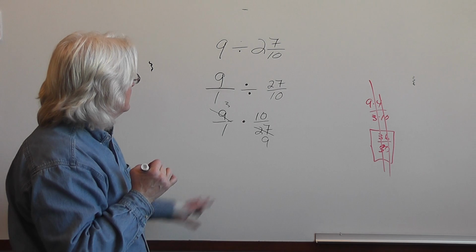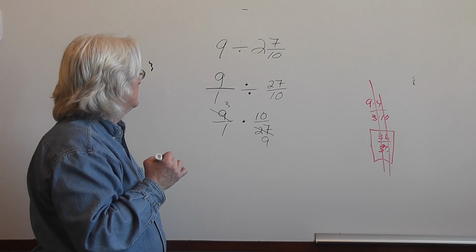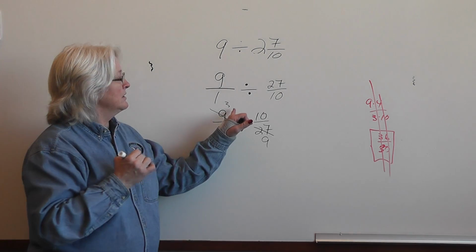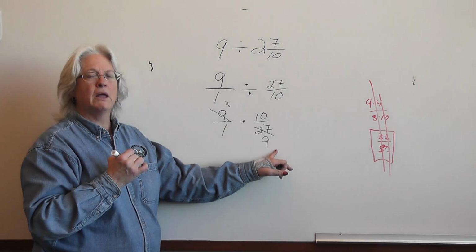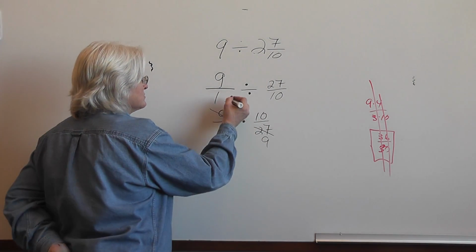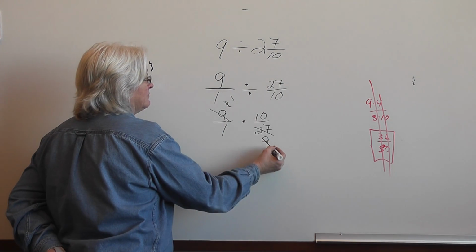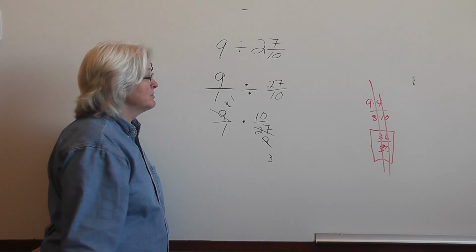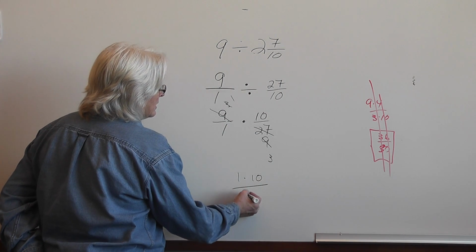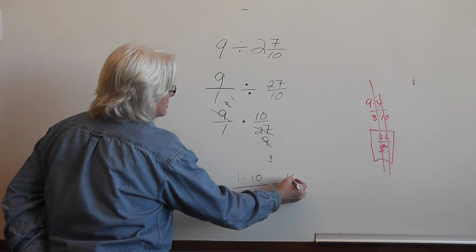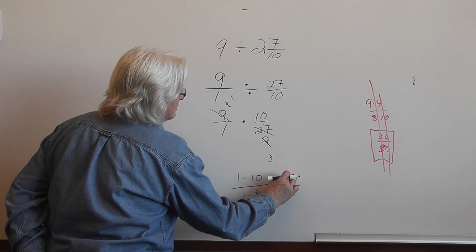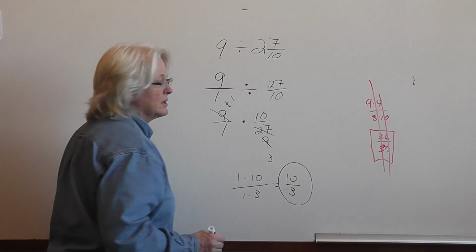Am I done? 3 and 9. See? 3 divided by 3 is 1. 9 divided by 3 is 3. Now we have 1 times 10 over 1 times 3, or 10/3 is our answer.